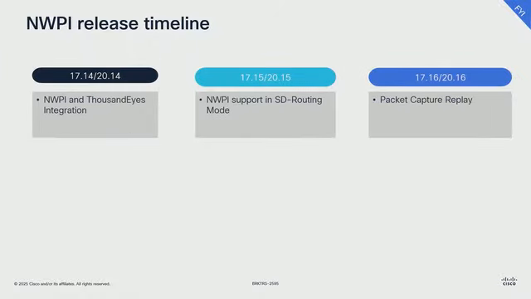There is one very nice scenario. In 17.14, one more important feature: we have integrated NWPI along with ThousandEyes. So we can utilize all the data that we are getting from the ThousandEyes tests that are running, and based on that, utilize it in NWPI traces itself.